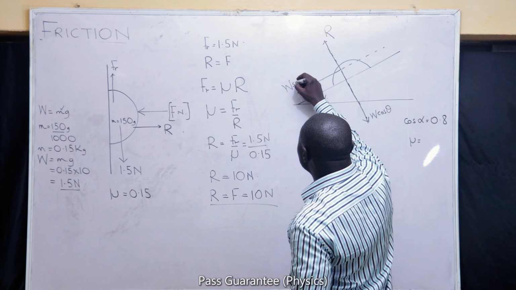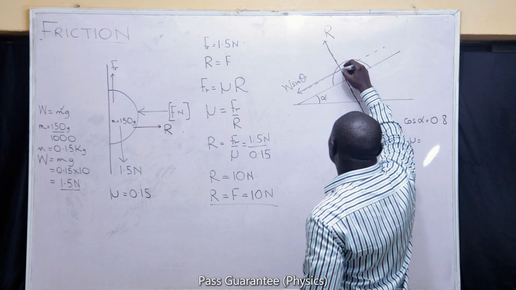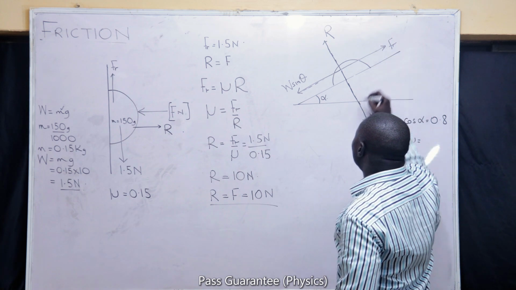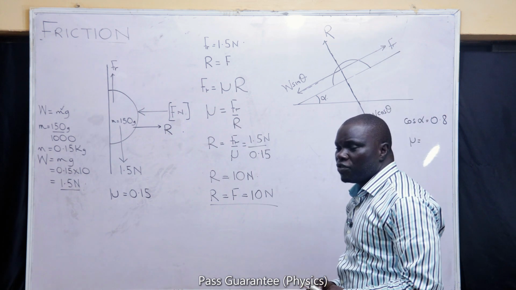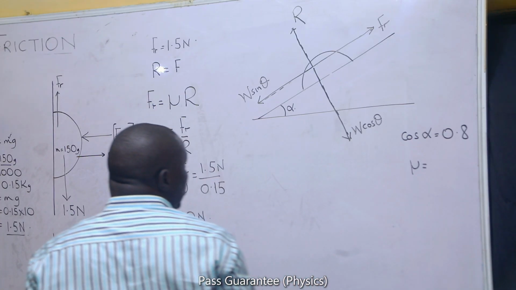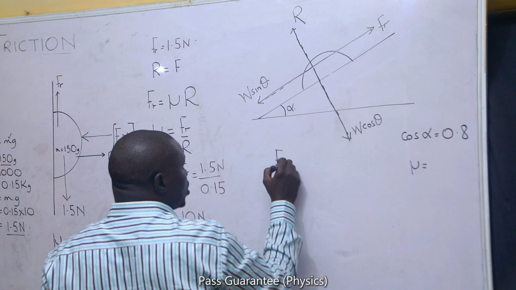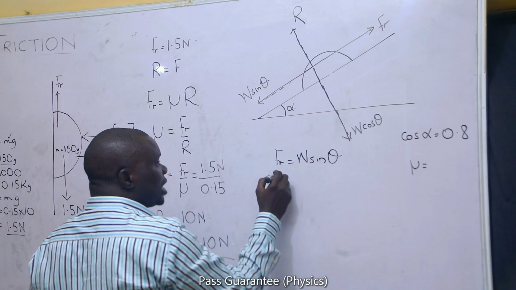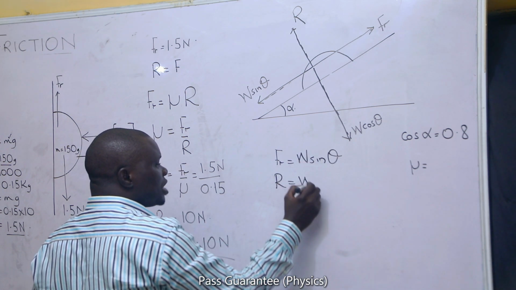Number four is the friction, which will prevent the effect of W sin theta that wants to cause the motion. If it is in equilibrium, it means forces in all directions have completely counterbalanced each other. So friction is equal to W sin theta, and R is equal to W cos theta.